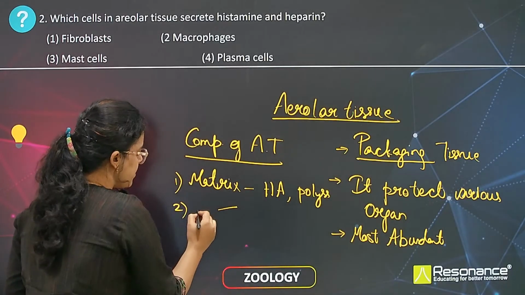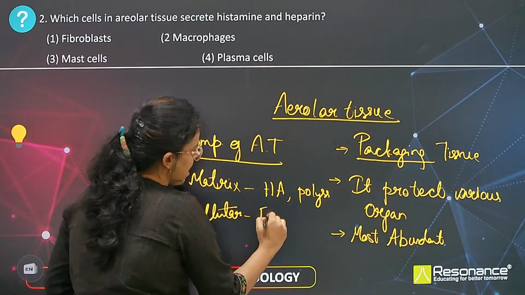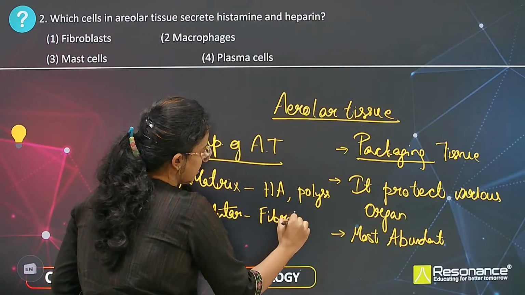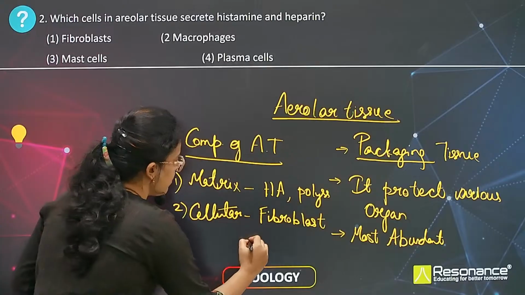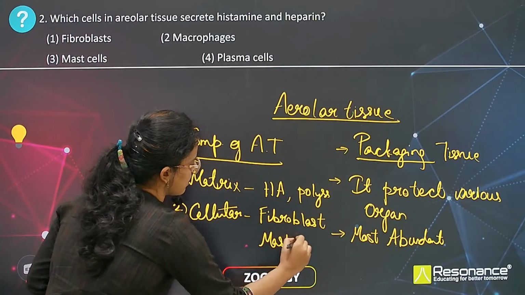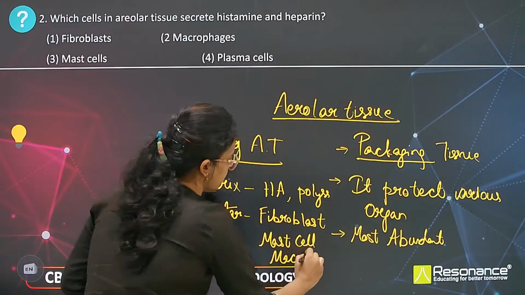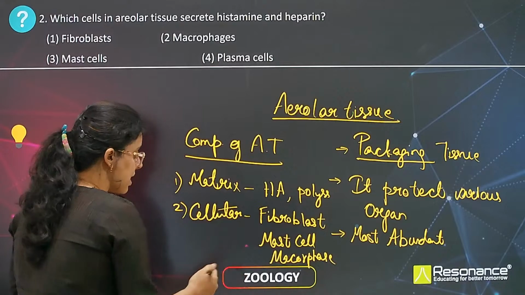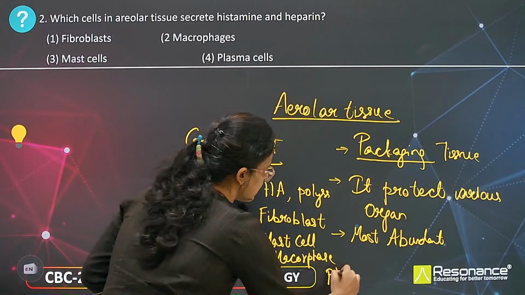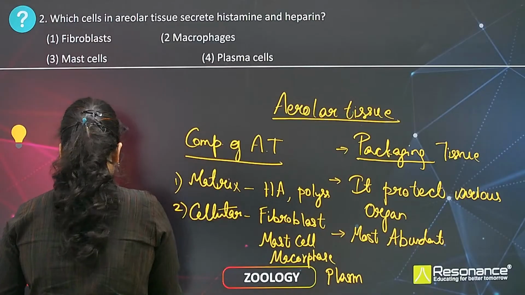Now coming to cellular components: fibroblast cells, which form fibers, mast cells, macrophages, blood vessels, nerve supply, plasma cells. All the cell components are present, right?